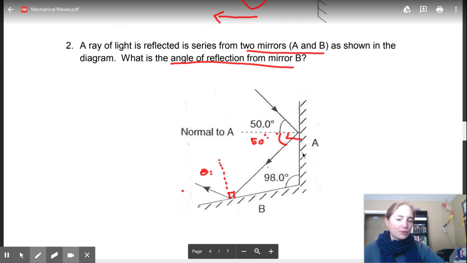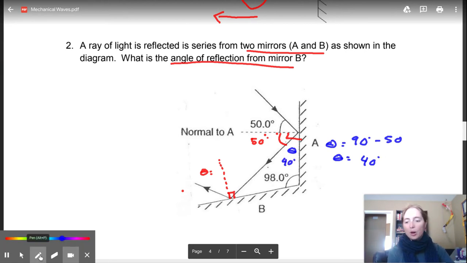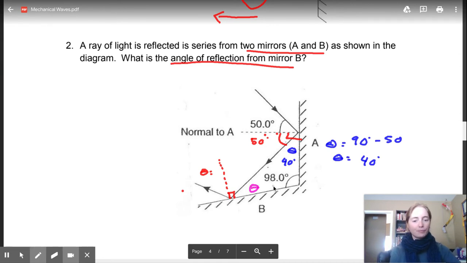Well, this is 90 degrees. This theta, I'm going to make this theta here blue theta. Blue theta is equal to, ladies and gentlemen, 90 degrees minus 50, because that's 90 and that's 50. So blue theta is equal to 40 degrees. Okay, well, now I need to find pink theta.